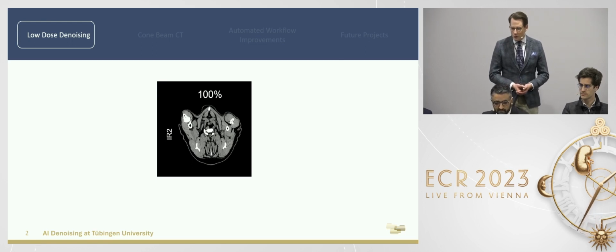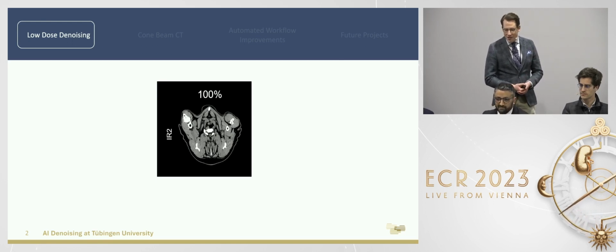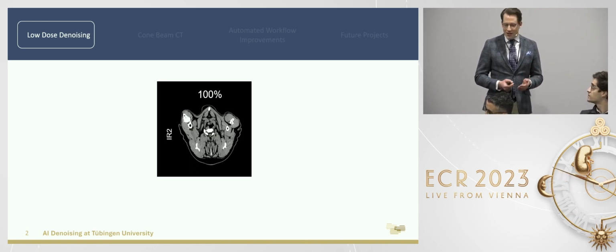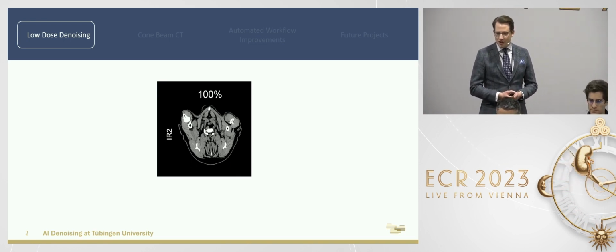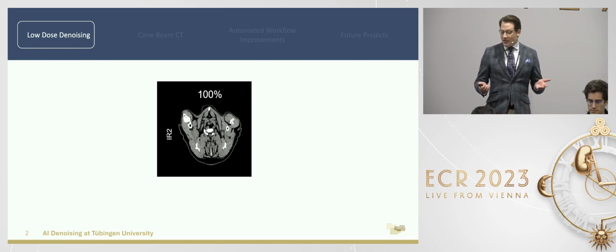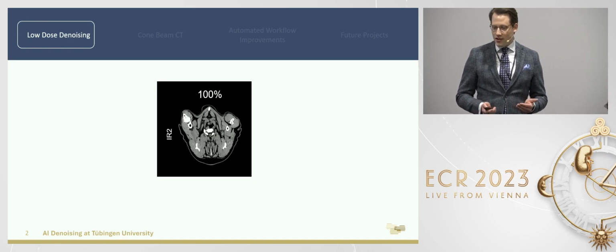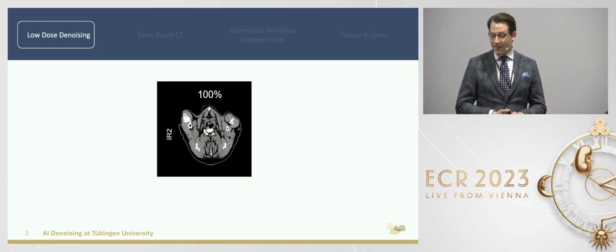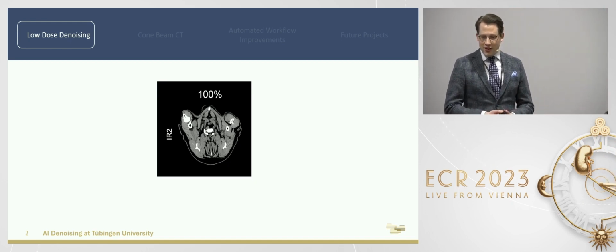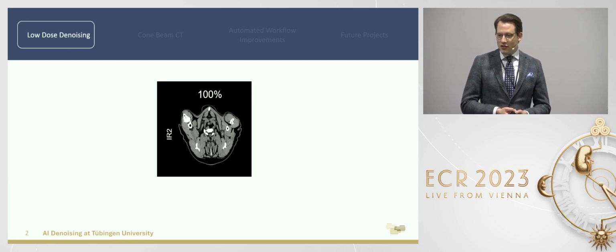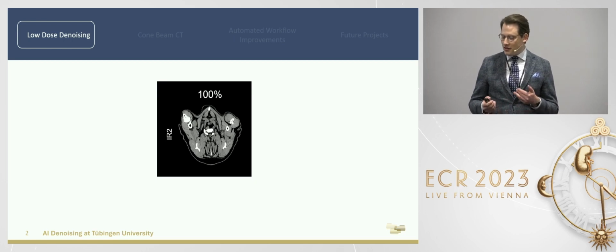He's a board-certified radiologist. I'm just shy of becoming a board-certified radiologist, but we're both deeply into low-dose CT research and denoising. And the connection between image quality loss and radiation dose is always drilled into us as assistants, but you never really see it in patients. You always get told about it, but you never really do see it.